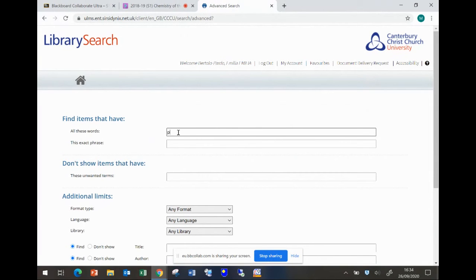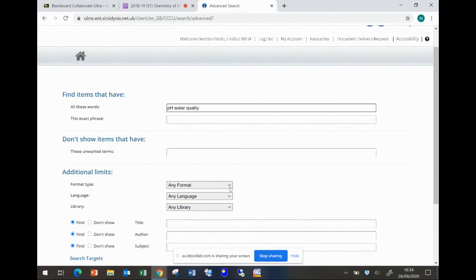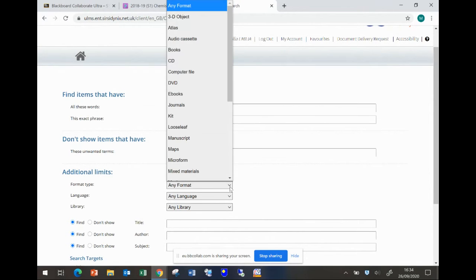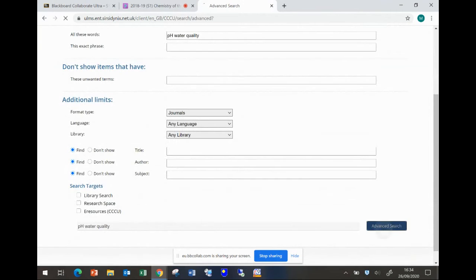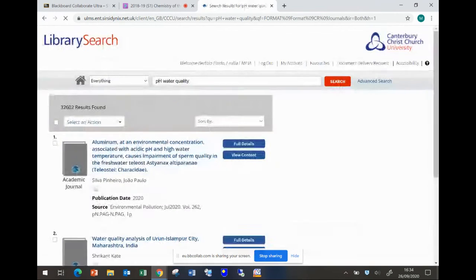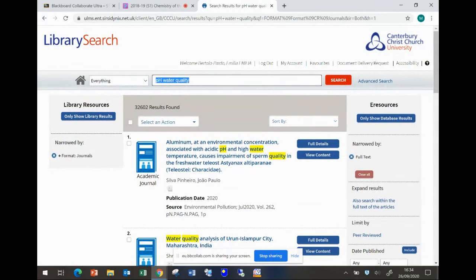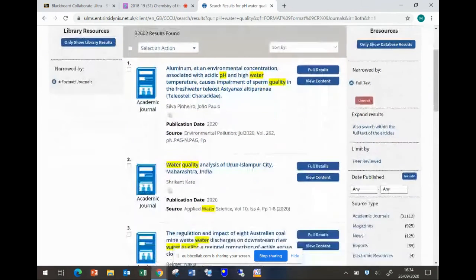So let's say pH, water quality. And then I start adding terms of measurements I have performed. I might search equipment I have used. Just basically trying to find slowly. Okay, acidic pH and aluminium associated.